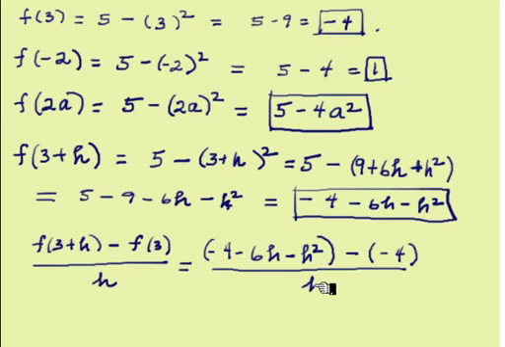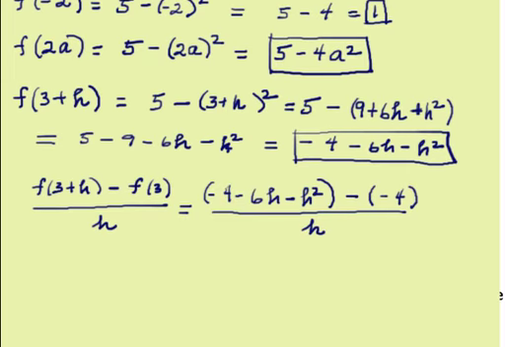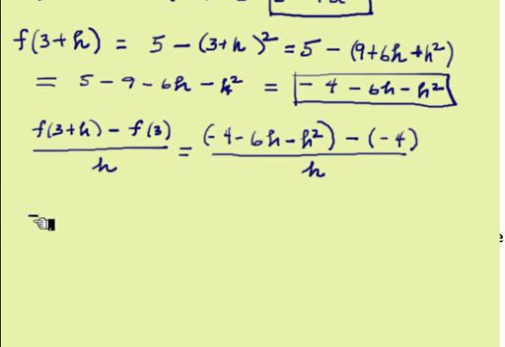We're just going to simplify this, opening up parentheses. Let's do that. So we can just drop the first set of parentheses. So that's minus 4 minus 6h minus h squared. And here we have subtract negative 4, that's plus 4 over h.